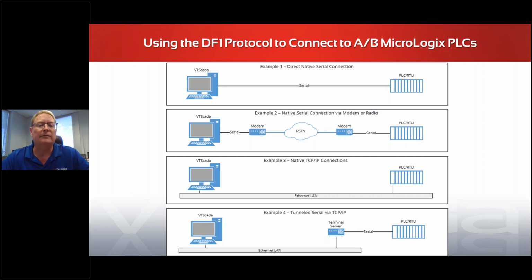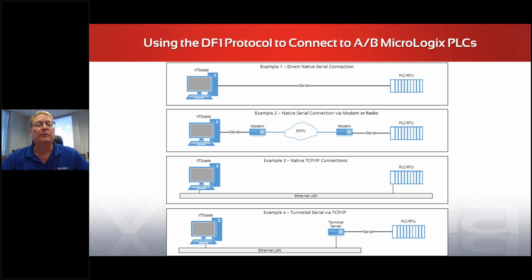It's functionally similar to radio, except that modems could be full duplex as opposed to radio, which is typically only half duplex. And when I say that, full duplex means that both devices can talk at the same time on the wire. With half duplex, only one device can talk at a time, which is typical of a serial radio system.